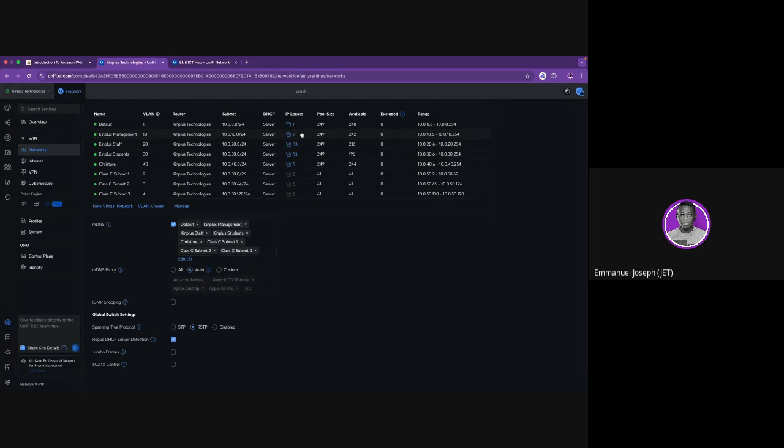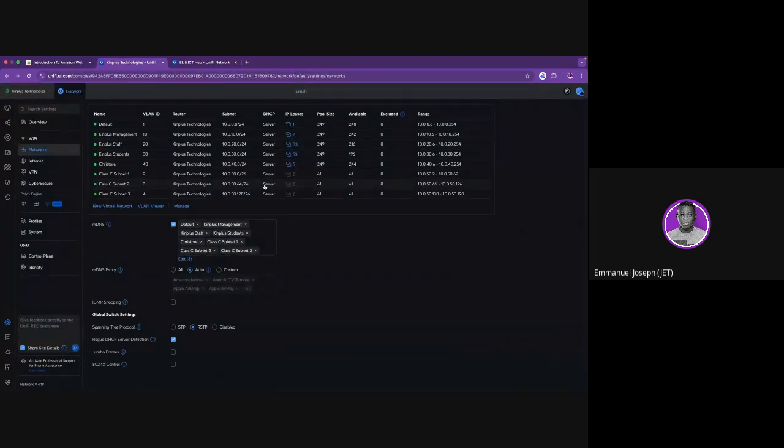So the total IPs in a particular class C configuration, or a particular octet, is 256. So if you are dividing your network into 4, into 8, into anything, you divide that 256, the total assignable IPs in that octet, by the total number of subnets you want. So in this case, we are creating 4 subnets.